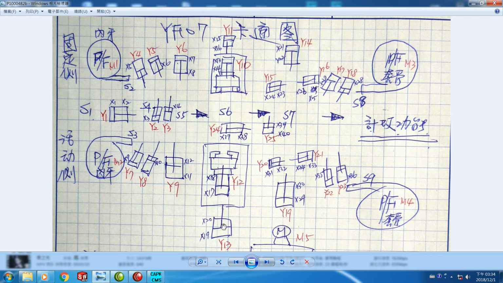Actually, Y11 pushes the mechanism to the Y positive direction, and this one pushes the whole mechanism to the minus Y direction.